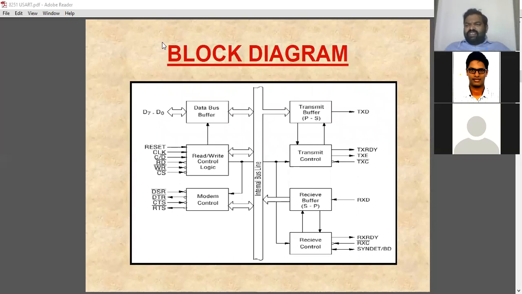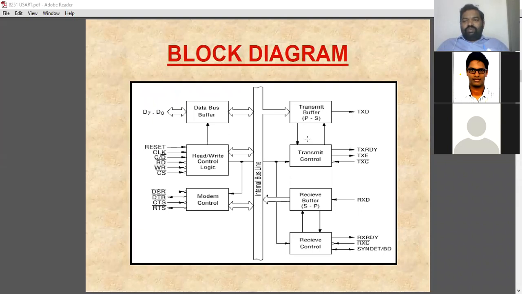So a shift register is nothing but flip-flops; internally it contains flip-flops, right? In such a way we can convert the parallel data into serial form and that data will be transferred. Similarly, serial to parallel conversion takes place, and after that this data will be sent to the processor. Such a kind of operation.